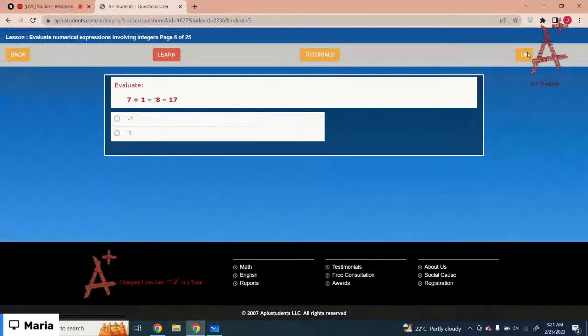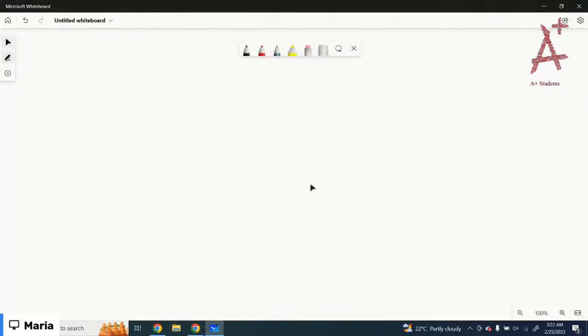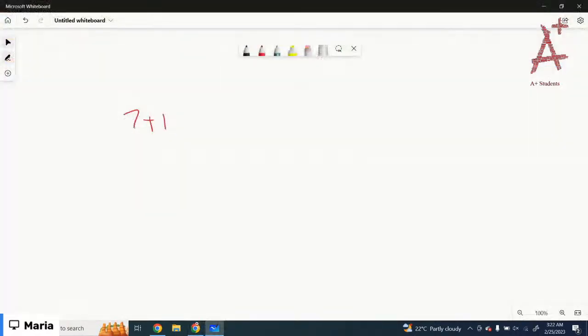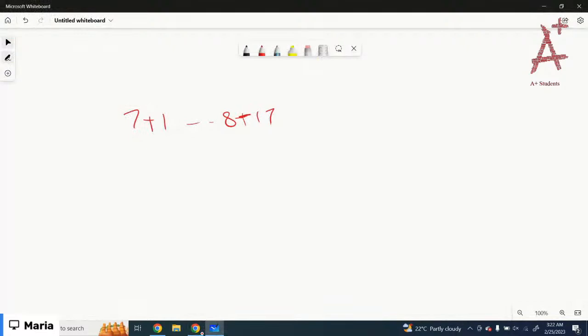Okay, the next one is 7 plus 1 minus negative 8 plus 17. Minus 17 it is.